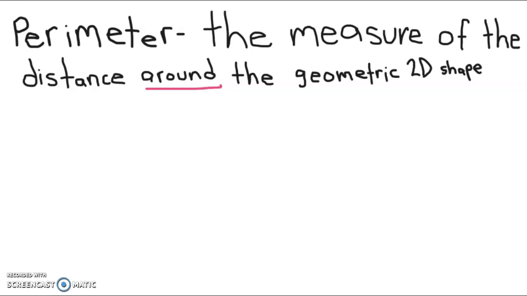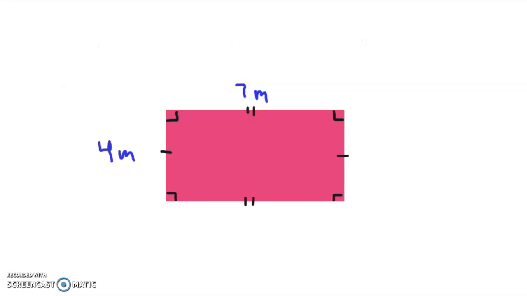Now I'm going to give you an example where we are going to find the perimeter. First we can tell that this side is congruent to this side, so we'll label this 7 meters. And we can tell that this side is congruent to this side, so we'll label this 4 meters. Again, to find the perimeter, we do length plus width plus length plus width, or 2 times the length plus 2 times the width.